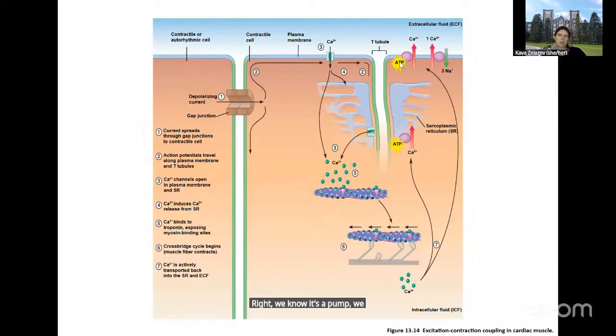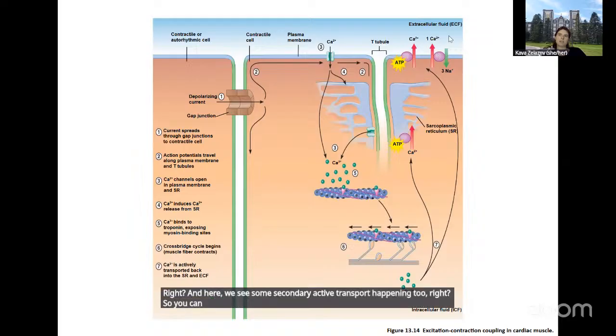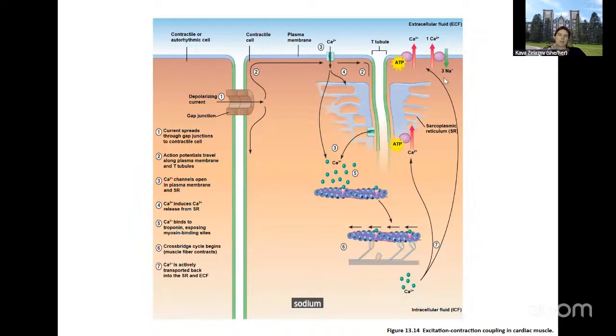We know it's primary active transport because we see this use of ATP. And here we see some secondary active transport happening too. So you can see we're using sodium to counter transport some calcium out of the cell as well. So we've got like two steps to relaxation here. So this relaxation can happen kind of fast. We got two ways to do it.